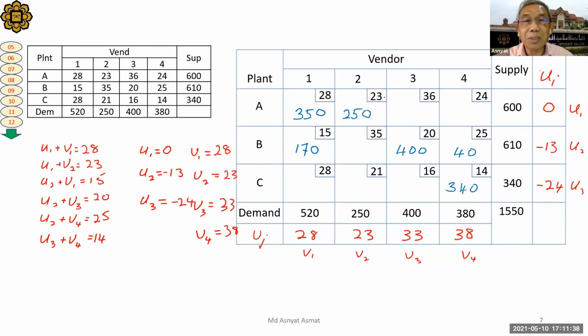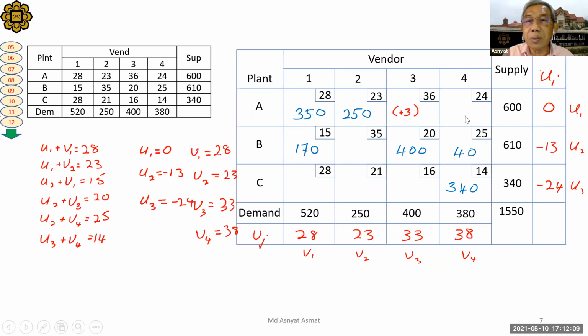Now, what's the next thing? Find the improvement index at the non-basic cells. Let's use this one: 36 minus 0 minus 33. What do you get? Positive 3.